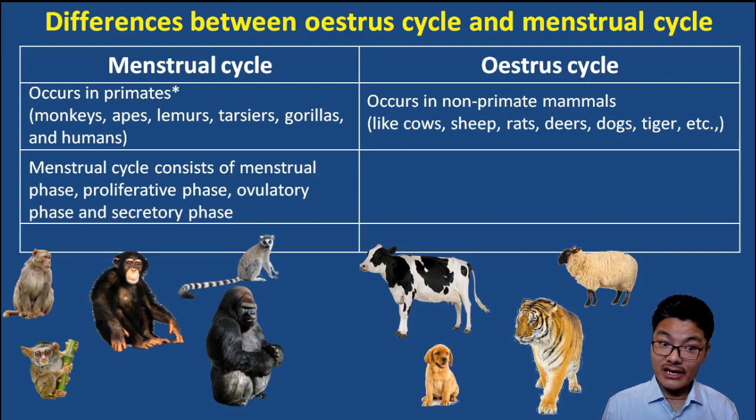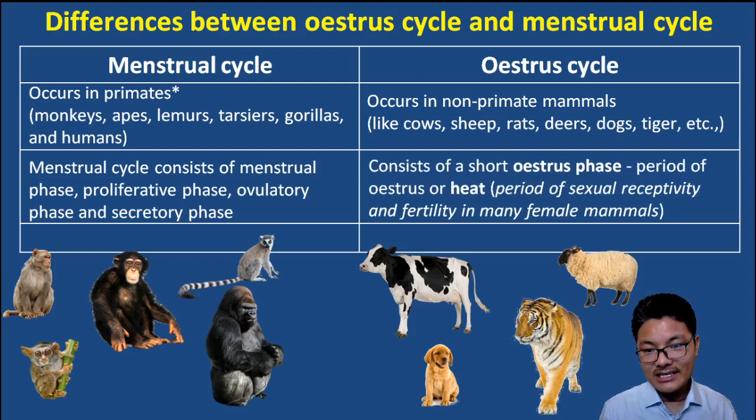We have the proliferative phase, the ovulatory phase, and the secretory phase. These different stages we'll discuss in detail under the chapter on human reproduction. So the menstrual cycle consists of different phases: the menstrual phase, proliferative phase, ovulatory phase, and secretory phase. And these different phases are not there in the estrous cycle.